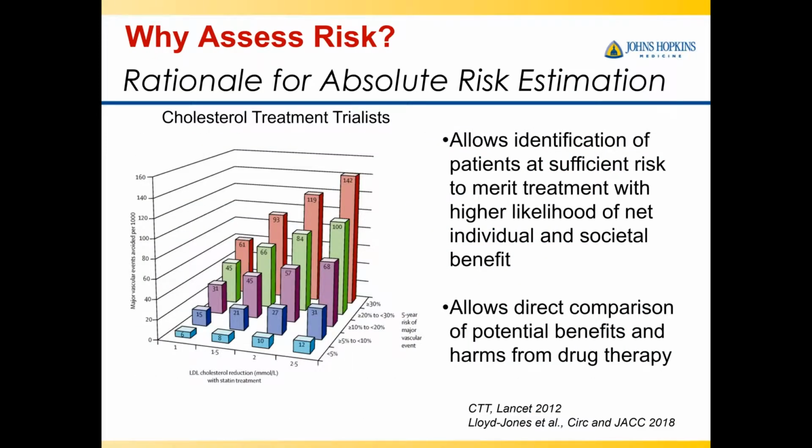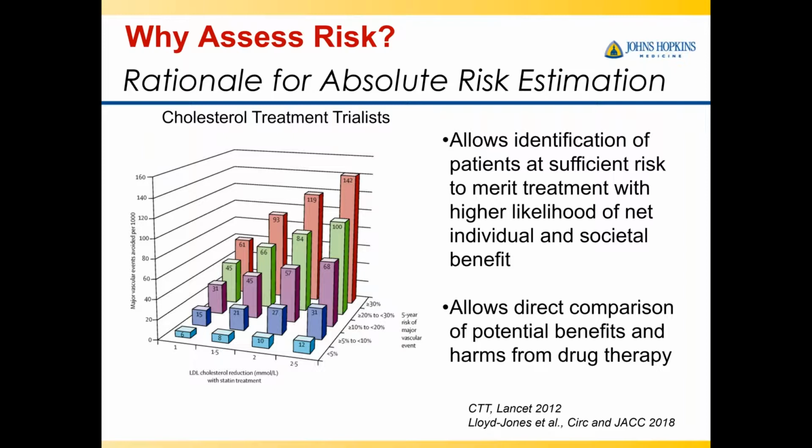So in terms of why we should still assess absolute risk, it's because for a given LDL reduction therapy, and on the y-axis here is the percent of major cardiovascular disease events prevented, it actually matters what your absolute risk is.